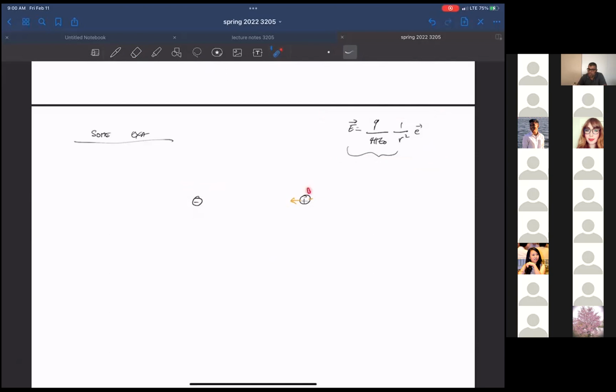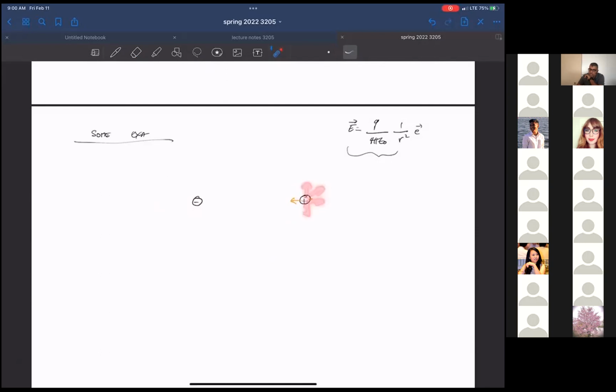So initially, we can think about this guy being far enough away. If this guy was just sitting by itself, or just for the sake of discussion, let's say this guy wasn't here, this guy was just sitting here, it would have electric field lines pointing like that. You with me, Louis? Is that true? Yeah.